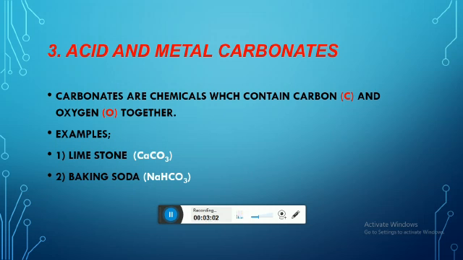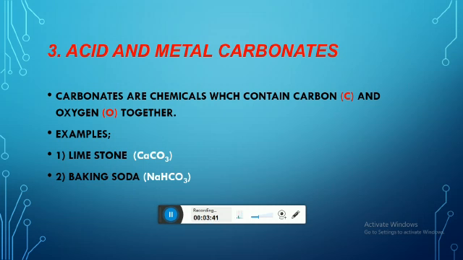In example 1, we have limestone. Limestone is calcium carbonate. Ca stands for calcium, C stands for carbon, and O3 stands for 3 atoms of oxygen. So it contains carbon and oxygen as well: 3 atoms of oxygen, 1 atom of carbon, and 1 atom of calcium, which is a metal.